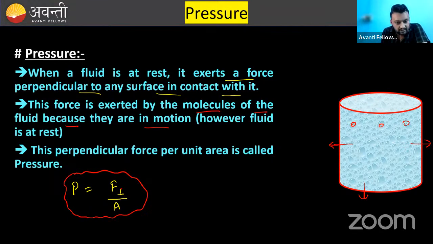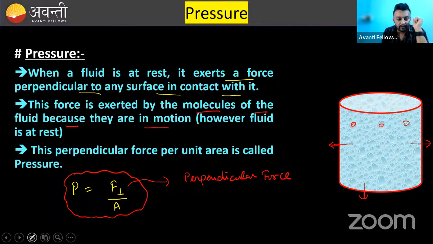This is the symbol of perpendicular, so this is the perpendicular force. Perpendicular force means the force which is perpendicular to the surface. Is it clear? So from here you can write the unit as well. Unit is force per unit area, that is Newton per meter square. This is again a very simple thing. It's clear.